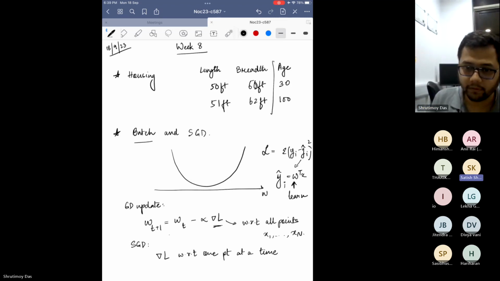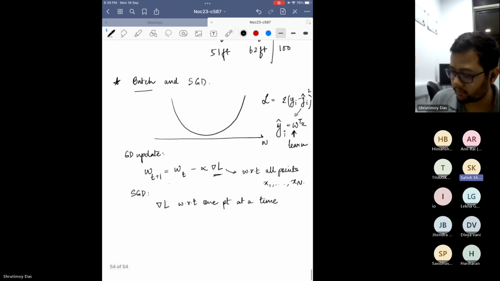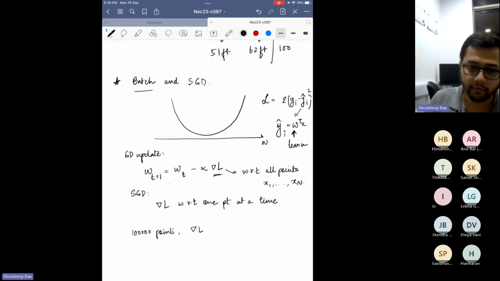Okay. But between these two, which is computationally complex, and which will be used in practice in general? In general, suppose you have say 100,000 points. Computing the gradient of your loss with respect to each of these 100,000 points will be very costly.